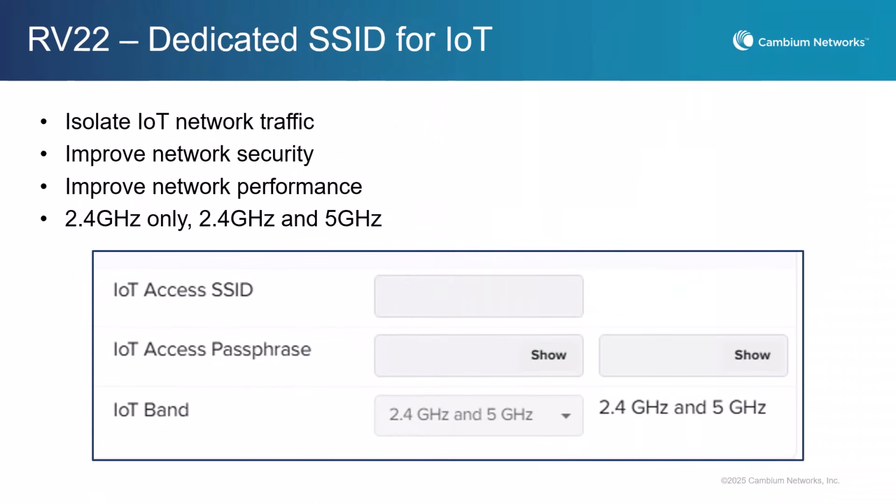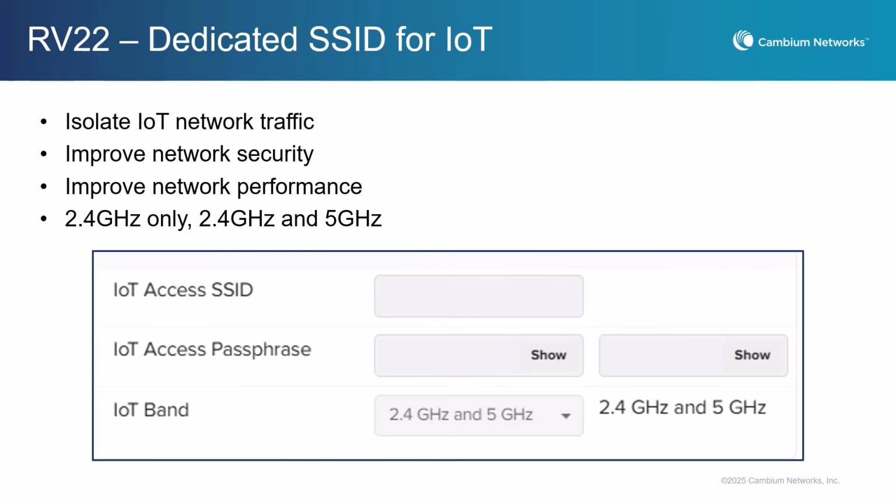To enhance security and manageability of smart home devices, an additional SSID specifically for IoT has been introduced for the RV22. This allows users to segment IoT devices such as smart speakers, lights, and thermostats onto a dedicated wireless network.